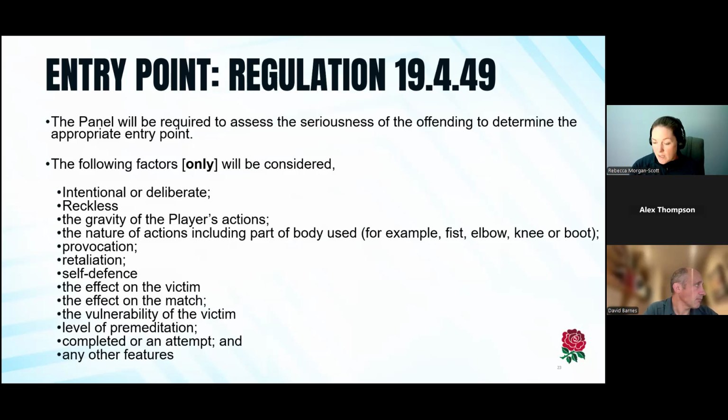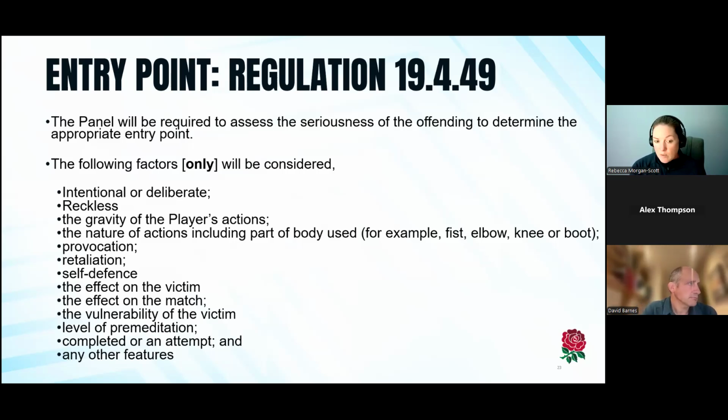You are guilty of an offence because you used your knee to strike another player. However, the assessment of the seriousness is it's less serious because there was provocation, potentially. There was retaliation. I'm not sure that would be a benefit, but certainly self-defense in terms of getting that player off him when they're on the floor. So those are factors that you could look at and say, well, that might bring down the assessment of seriousness potentially.